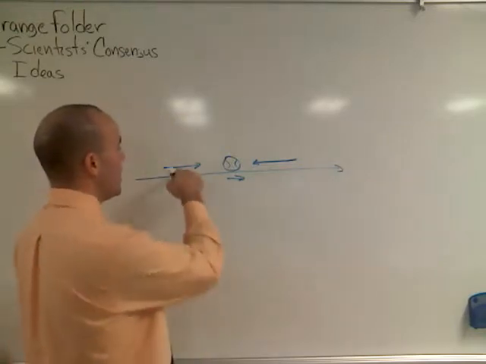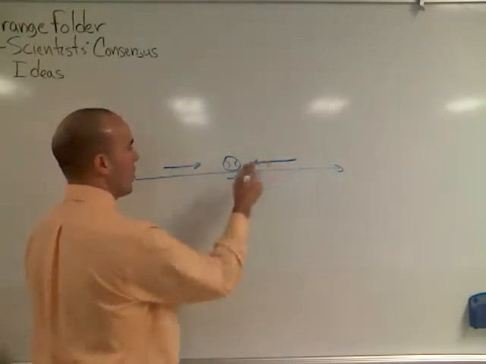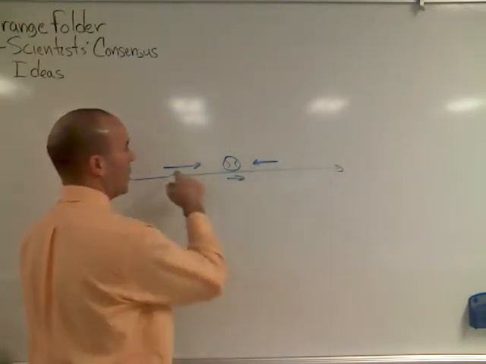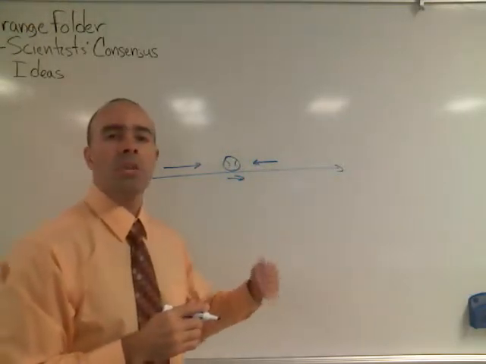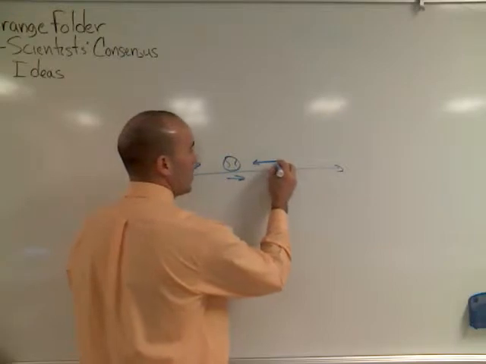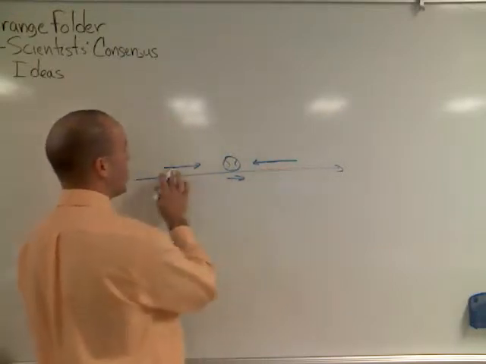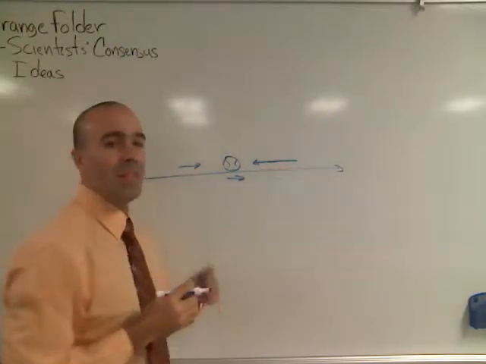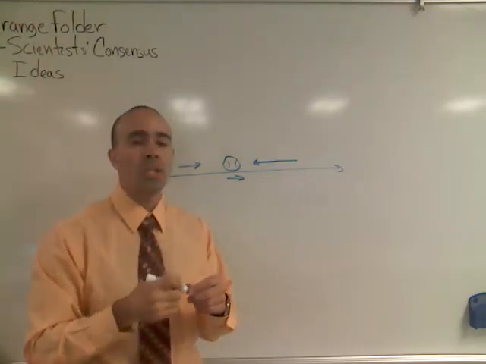Now, if this force is stronger than this one, then the object is going to speed up. But if this force is stronger than this one, then the object is slowing down. It's going to slow down.